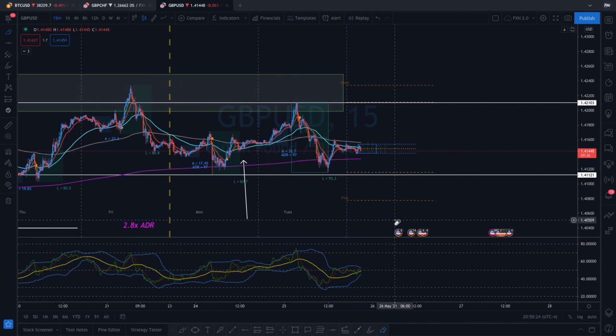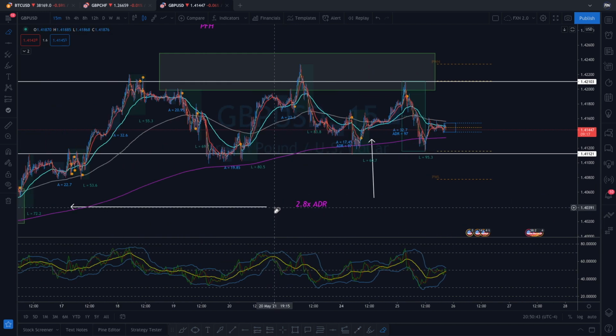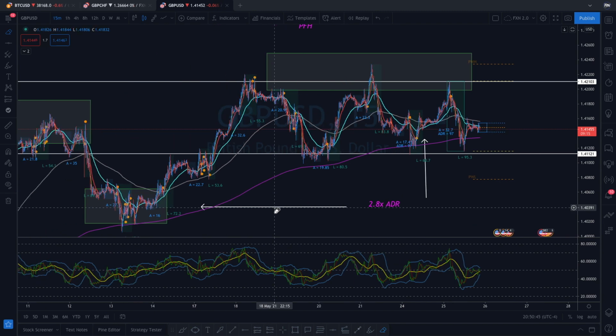If the pattern is not clear, you don't trade it. I don't care if it goes 300 pips. If the pattern is not there and it's not clear for you to trade, then I don't trade it. I'm not here to gamble or to play a lottery pick on something.